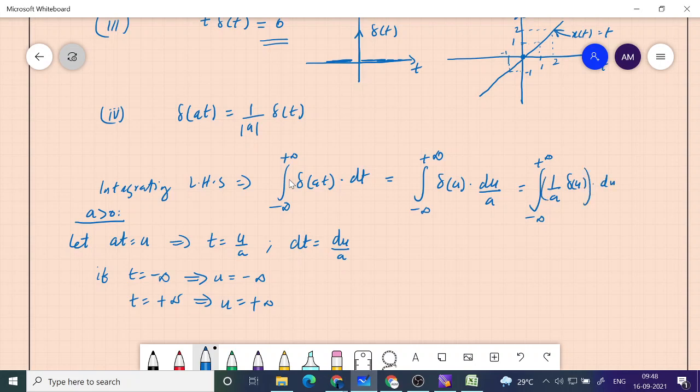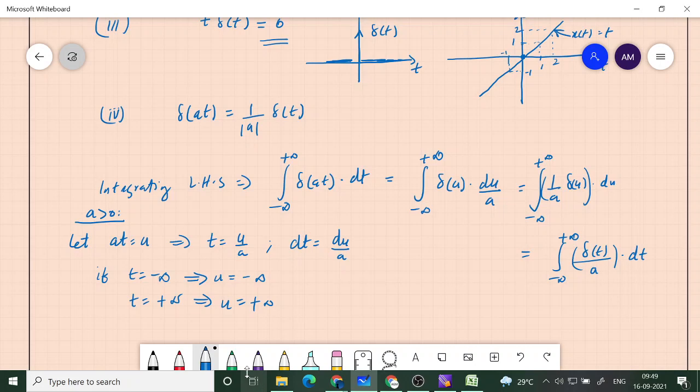Now if you consider these two things, the first is where we started with that integral. If you compare with the last integral, after the transformation, you can see that the only difference is that I can bring back the variable of integration as t, which is trivial. I just change u with t, so delta of t by a into dt.